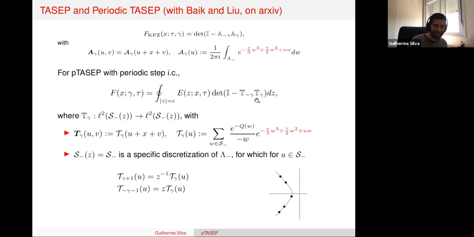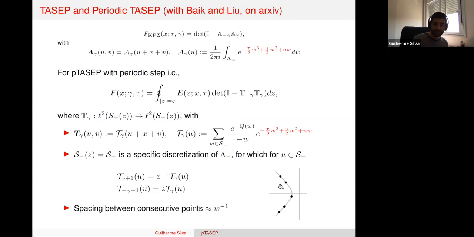So if you look at the kernel of the product, the Z and the 1 over Z, they will just cancel out. So if you shift gamma by 1 in this product, their kernels are invariant under the shift. And so the Fredholm determinant is also invariant and whatnot. So this discretization is the one that's encoding this periodic structure in a very nice way.